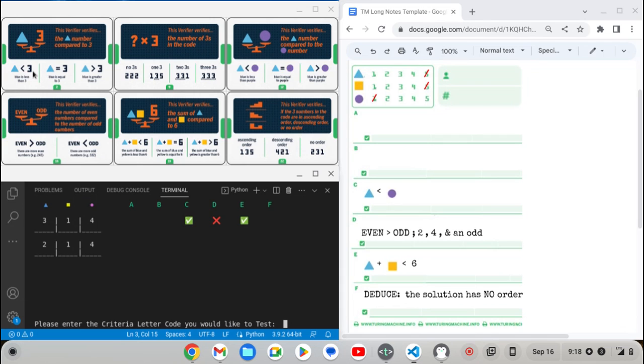What else can we test? I guess we can verify that there are no 3s. Yeah, let's go ahead and test criteria card B, the number of 3s. No, it's not correct.